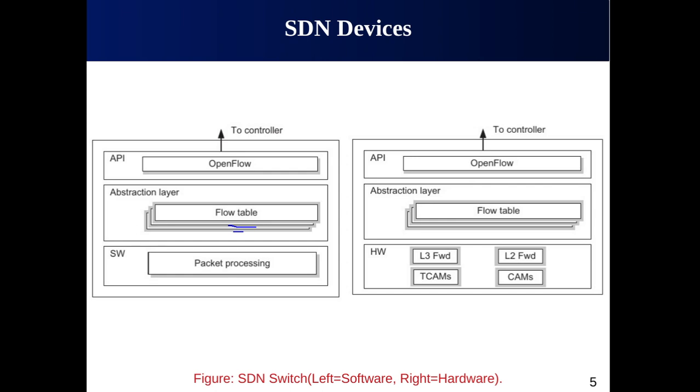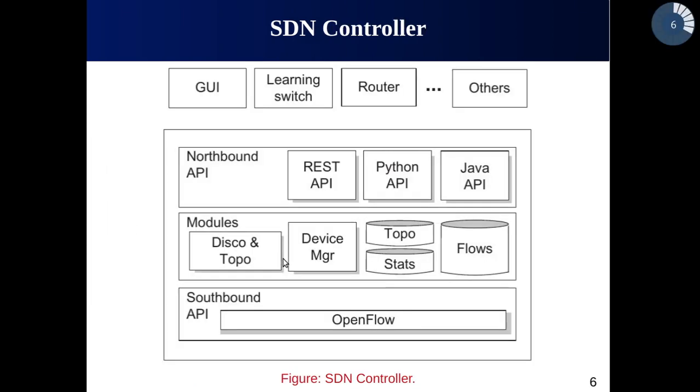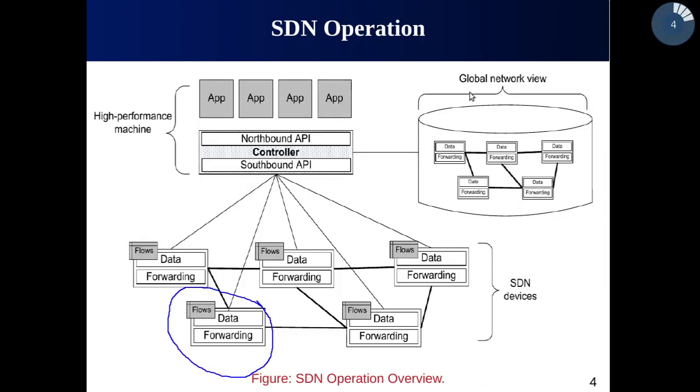What else? Okay. Next we have the SDN controller. The SDN controller actually maintains, as we just saw, a global view of the whole network. It also implements policy decisions. It controls the SDN devices. It provides a southbound API and a northbound API.